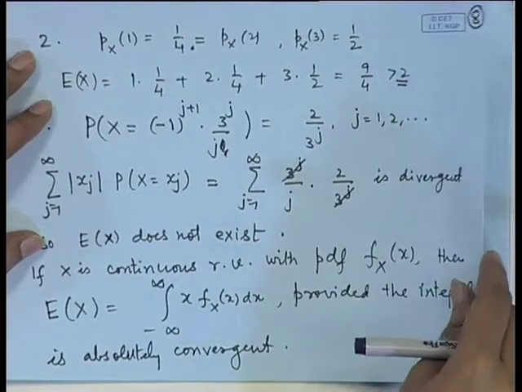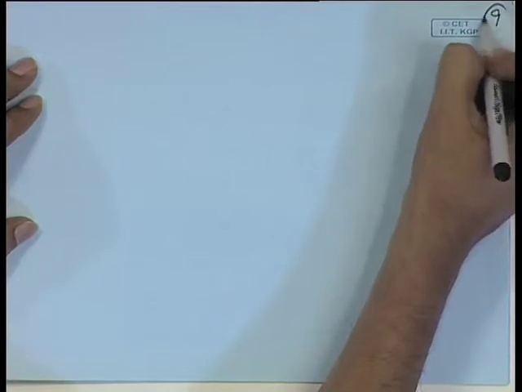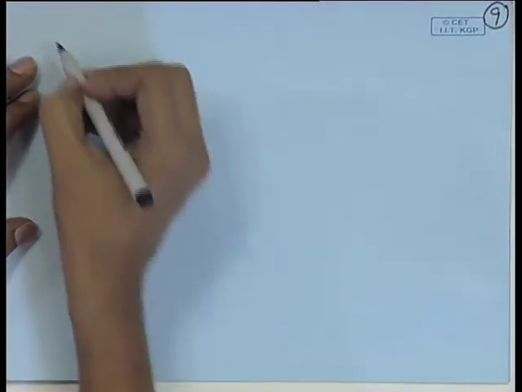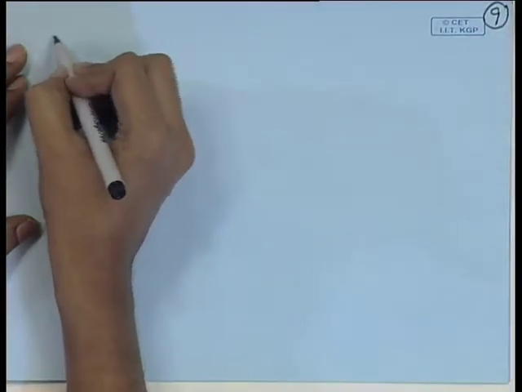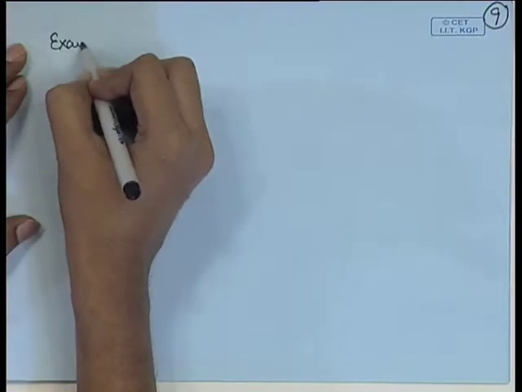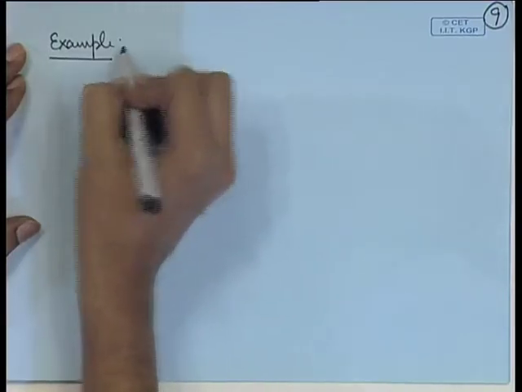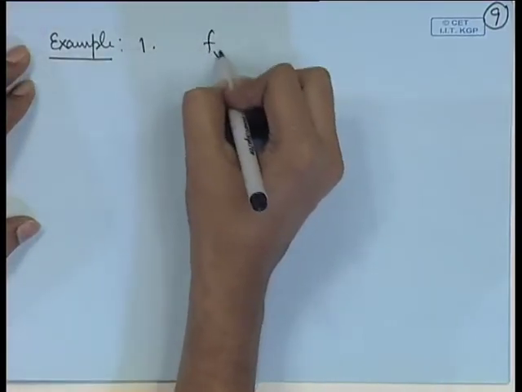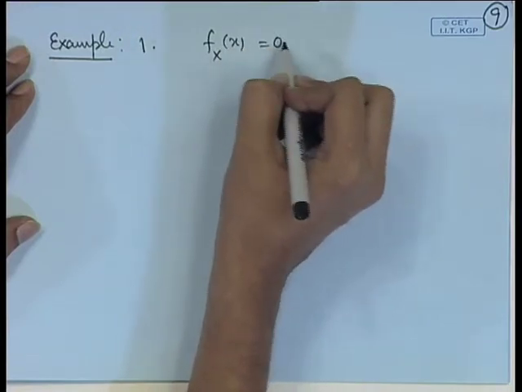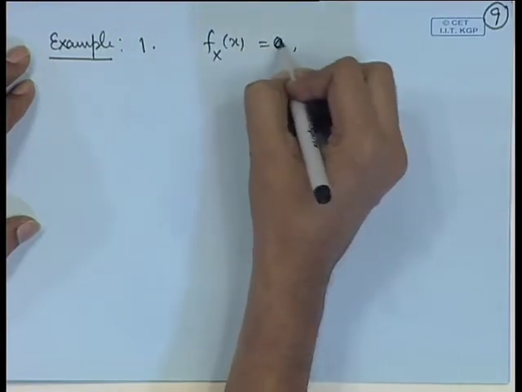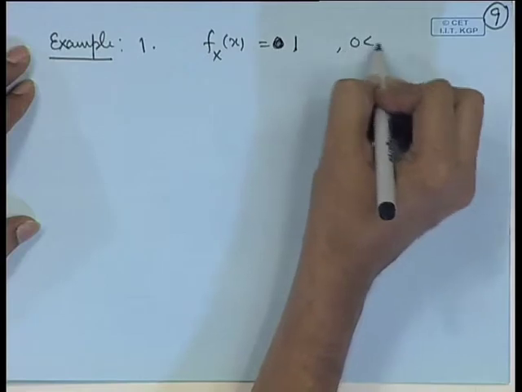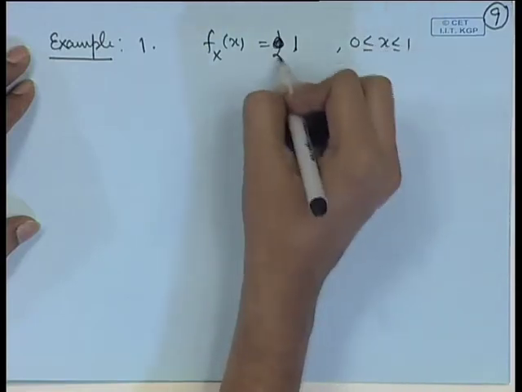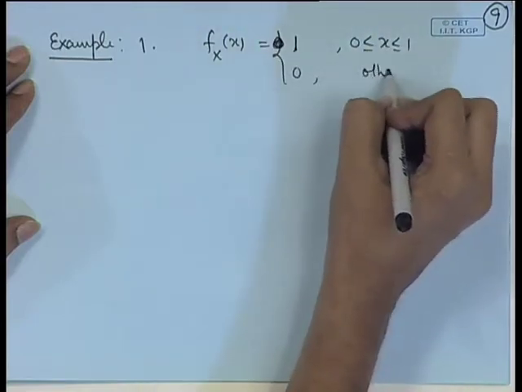Let us look at some of the examples. The first example here, in the continuous case, f(x) was 1 for 0 less than or equal to x less than or equal to 1, and it is 0 otherwise.